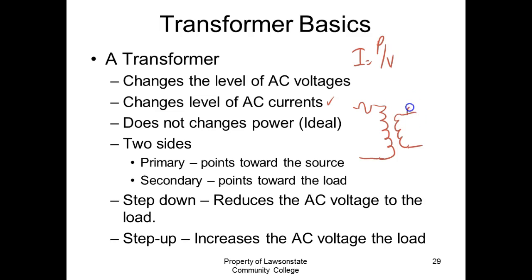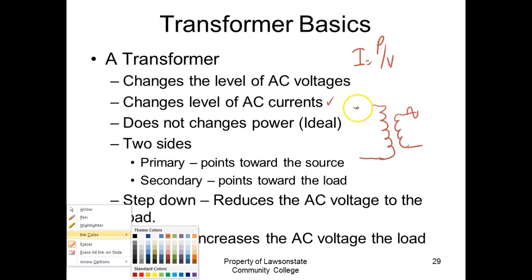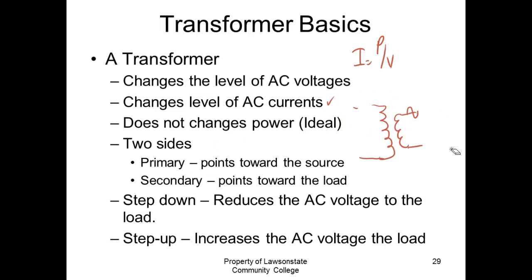The other option is to do this, which is the preferred method, but that costs another fuse. And of course, the third option is to do this, where you fuse the secondary and don't fuse the primary. And now the problem is you're not protecting the transformer. So the preferred method was to put a fuse in both your primary and your secondary. Most of the time you're going to find it in the primary only. So we'll figure out how to size that fuse. How do we size that fuse?